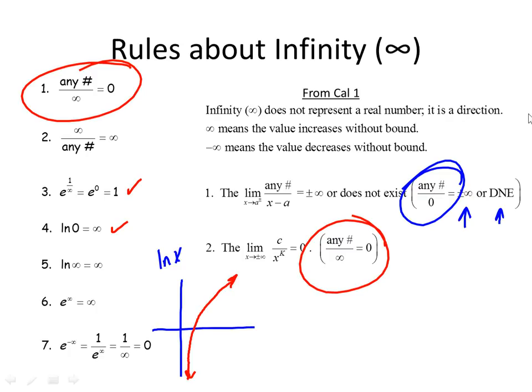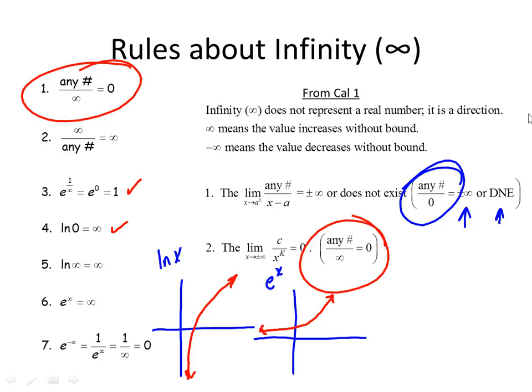So if I draw the graph of e to the x, the graph of e to the x is going to do this. So again, if you get e to the infinity, as we're moving this way, again it goes up to infinity.